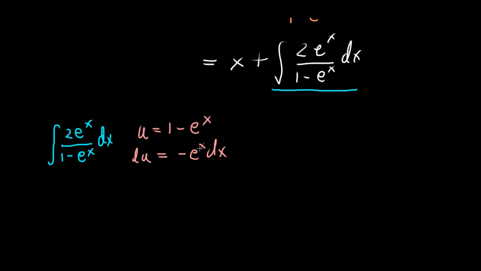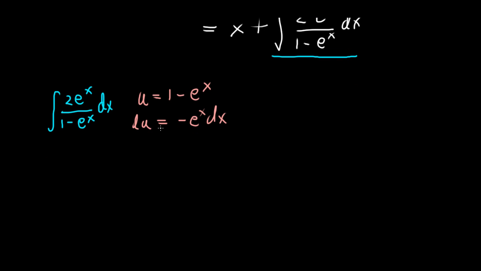If I multiply by negative 1 on both sides, and by 2, I get negative 2 du is equal to 2e to the x dx.